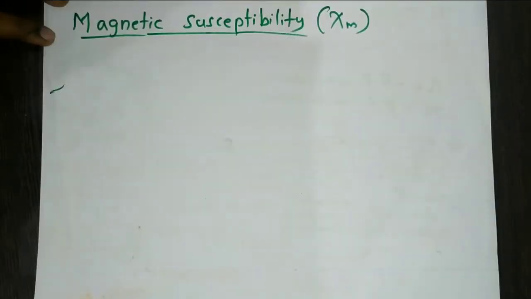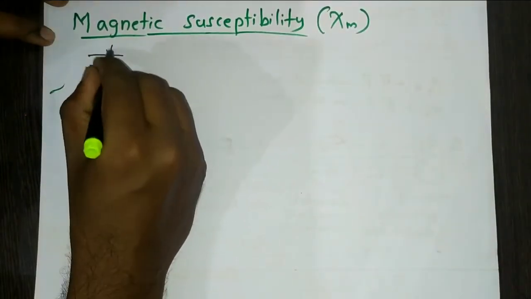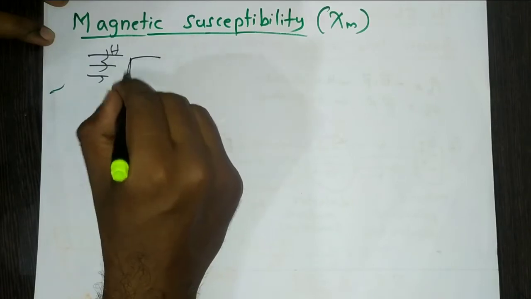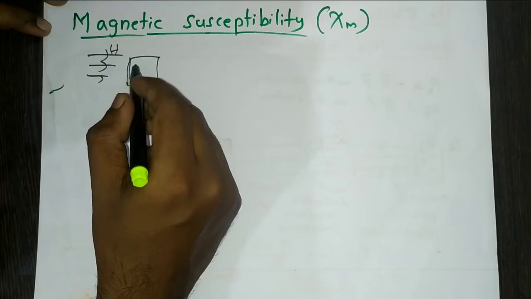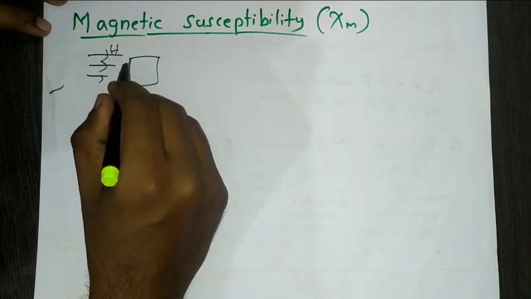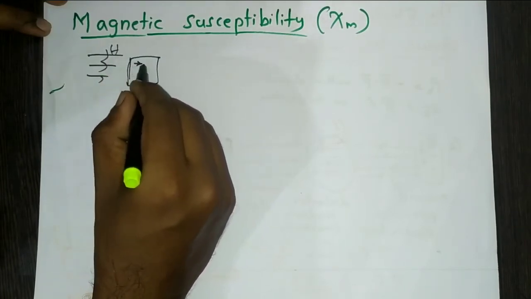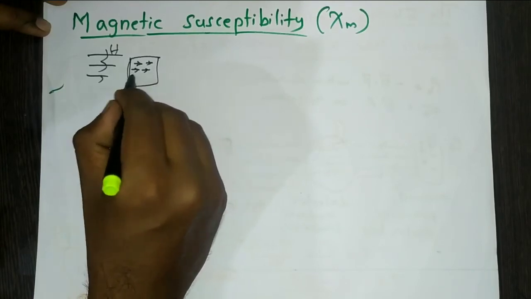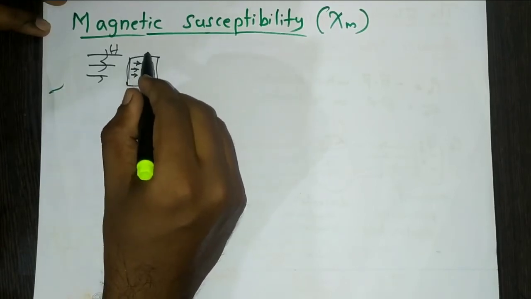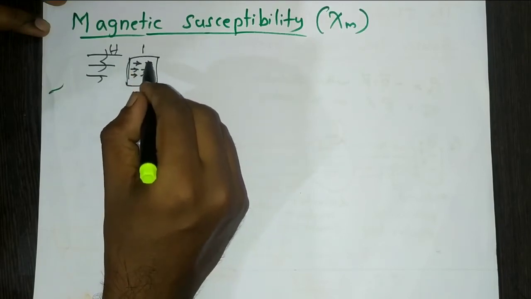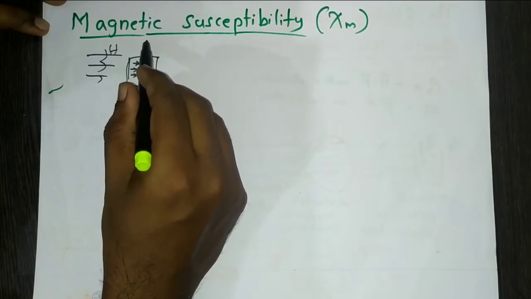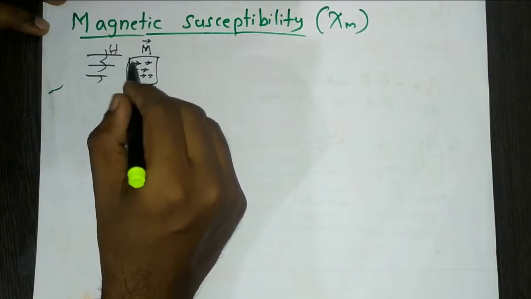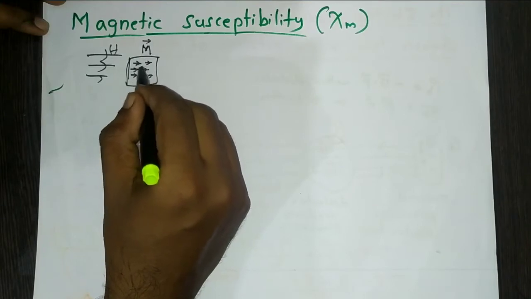If I apply an external magnetic field H, and in this magnetic field I keep a magnetic material, maybe an iron piece, this magnetizing field magnetizes this material, which means magnetic dipole moments are developed in this material. Those magnetic dipoles give rise to a magnetization M, that is, the amount of magnetic dipoles developed per unit volume.